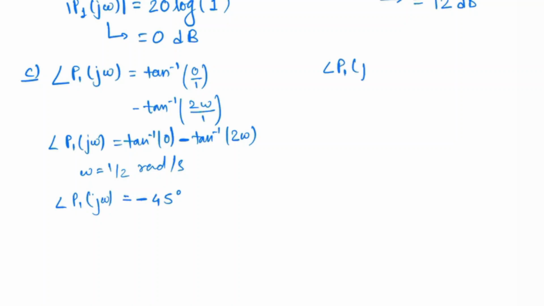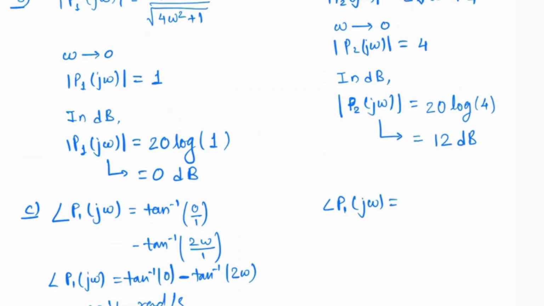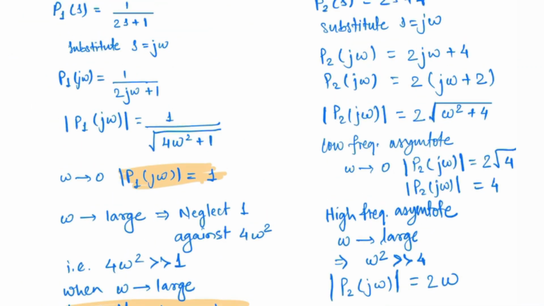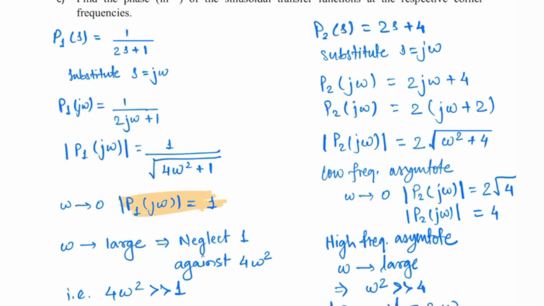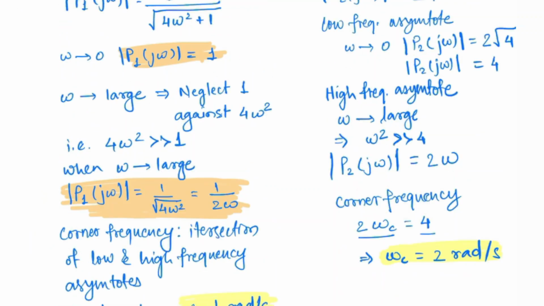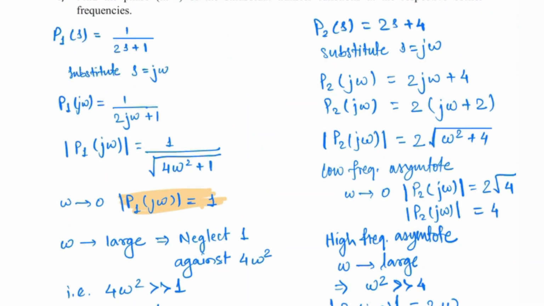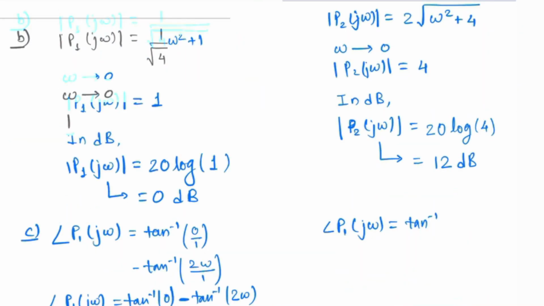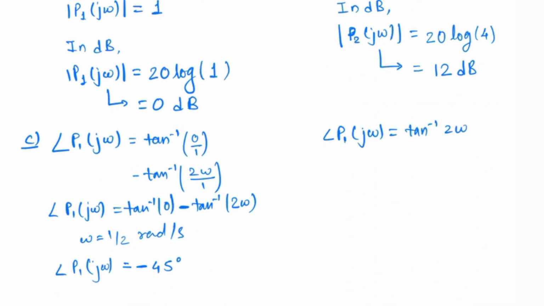Similarly, angle of, in the numerator, the transfer function is 2s plus 4. When we substitute j omega, we have 2j omega plus 4. So we'll have 2 omega in the numerator and 4 in the denominator.